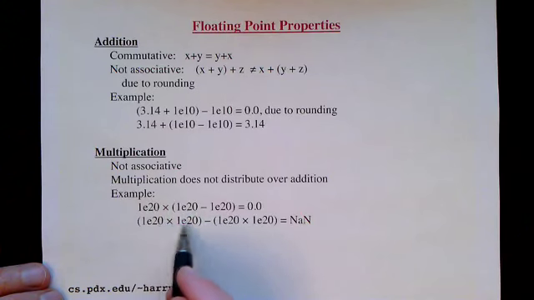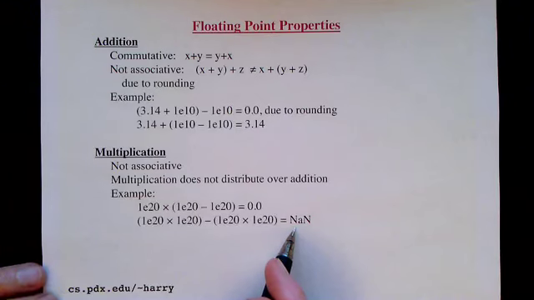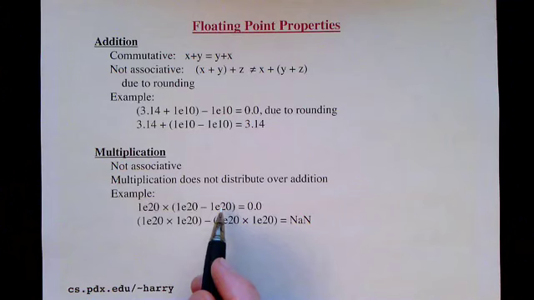Here, when we multiply these two big numbers, we get overflow and we get not a number. And again, we multiply these two big numbers, we get not a number. And the not a number is preserved, so when we do the computation this way, we end up with not a number. So the distributive property doesn't necessarily hold.